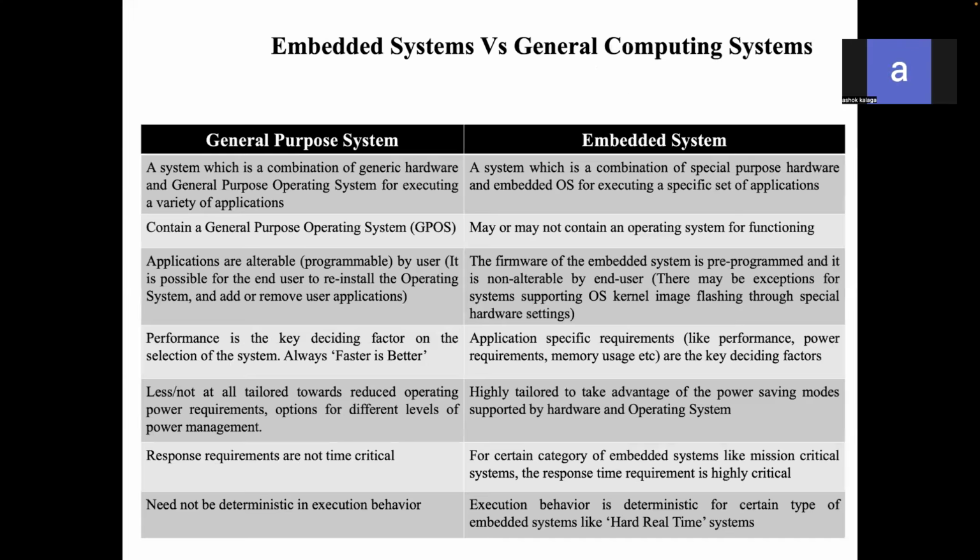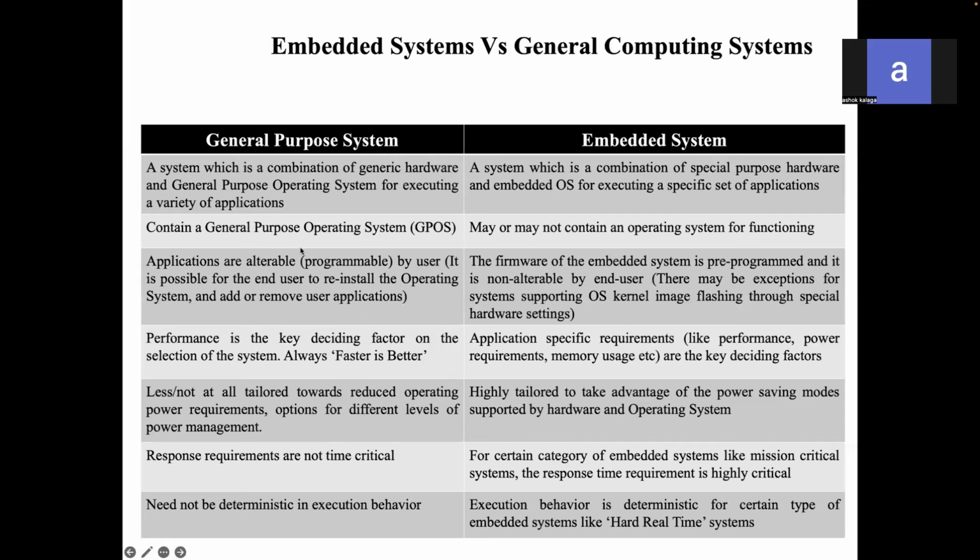Next, we are going to differentiate the embedded system versus the general computing system. An embedded system is a combination of special purpose hardware and embedded OS for executing a set of applications. A general purpose system is a combination of generic hardware and a general purpose operating system for executing a variety of applications.